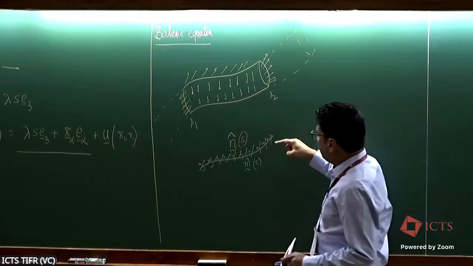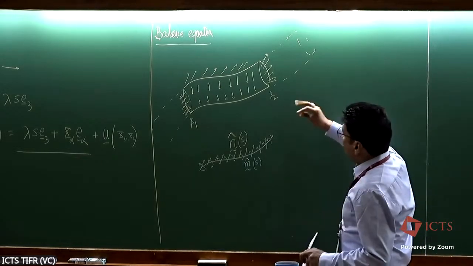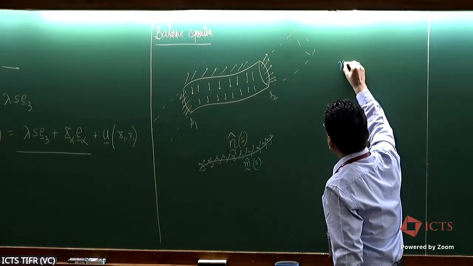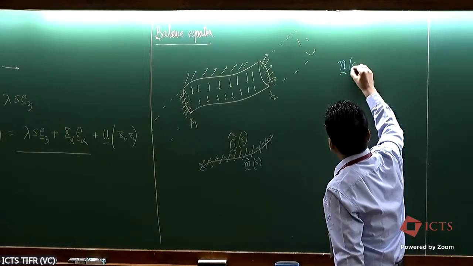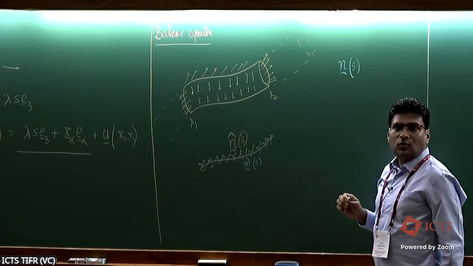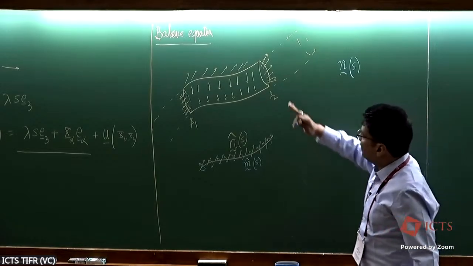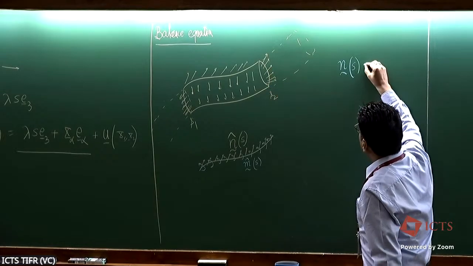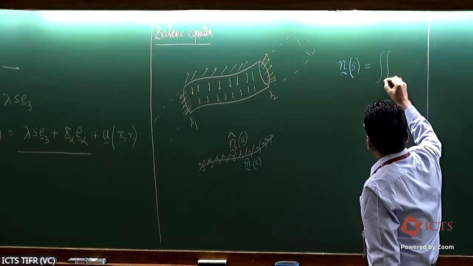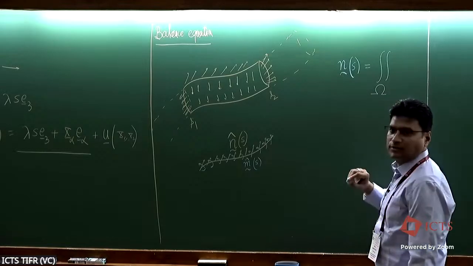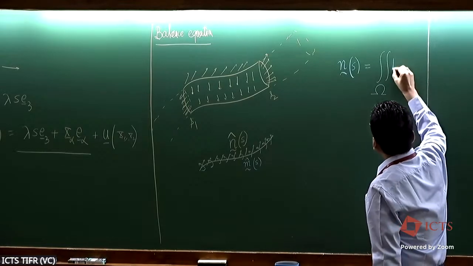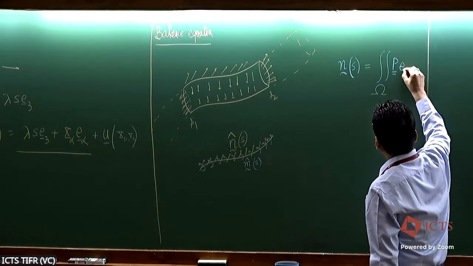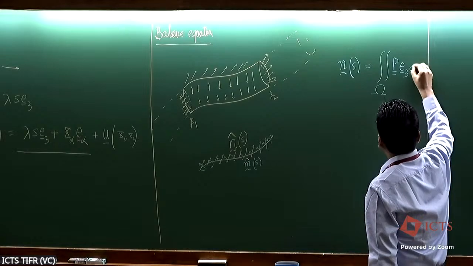So in this theory, let us define this N of S as the total force that is acting in a cross-section. So N of S is given by integration over the cross-section of the Piola-Kirchhoff stress tensor P times the normal to the cross-section E3 d omega.